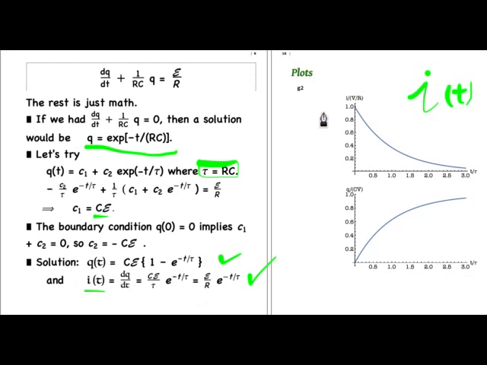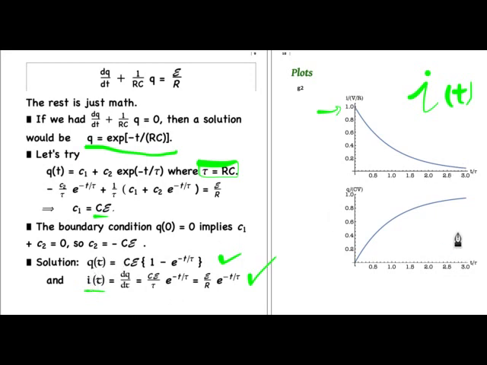So it starts here at I equals V over R. And then it decays exponentially. And eventually decays to 0. So the current flows for a while, charging the capacitor, but gradually the current slows down and stops.